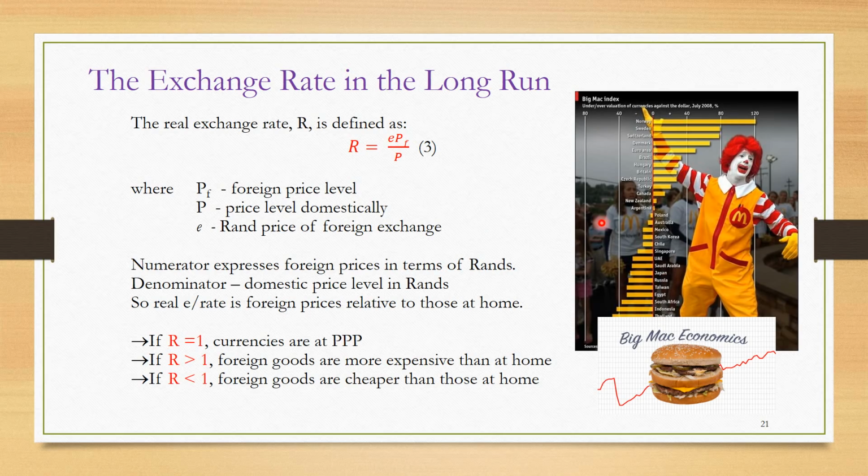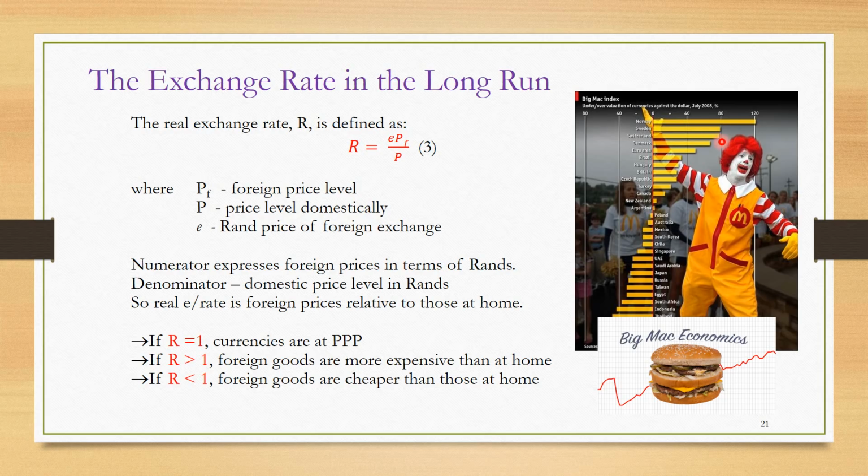So have a look at the Big Mac Index. It's a fun way of seeing which currencies are over or undervalued. Here you can see South Africa, and PPP using the Big Mac Index that was released in January 2019 suggests that South Africa and its rand is still undervalued.